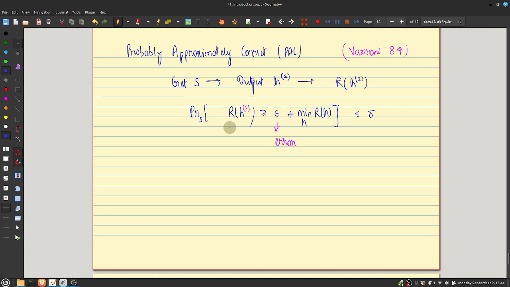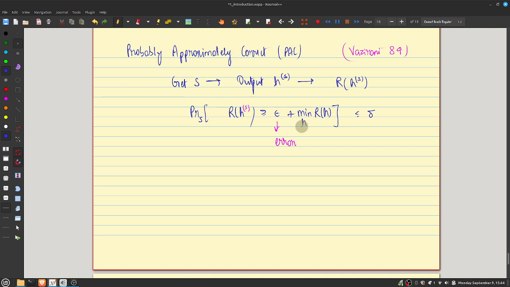Because otherwise, now this is something that can be achieved, right? Because the smallest R(h) that I can ever achieve is this particular quantity. So what this statement is saying is that, suppose there were a genie which knew what the best h was, then that would choose this particular h, then that would achieve a generalization error equal to this, correct?